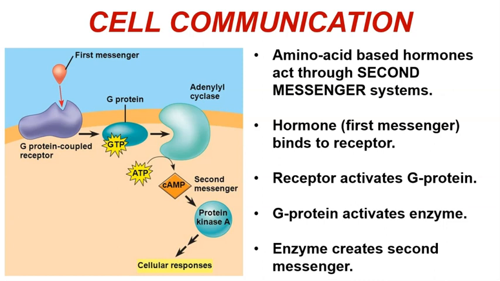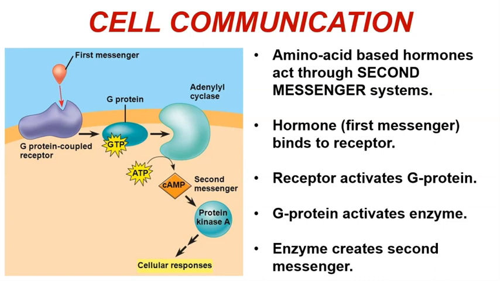Amino acid based hormones generally don't have the ability to cross the plasma membrane and get inside the cell. So the hormones are essentially stuck outside of the cells that they're trying to influence. So these cells have receptors on the surface, that is on the plasma membrane, for that particular amino acid based hormone.